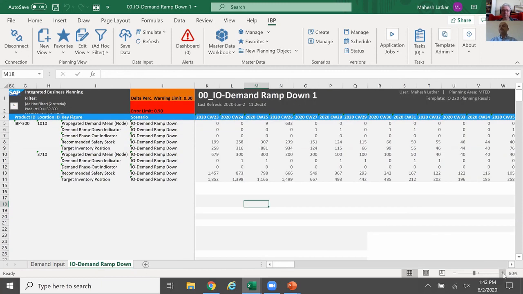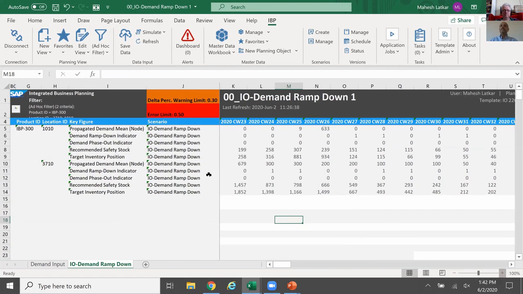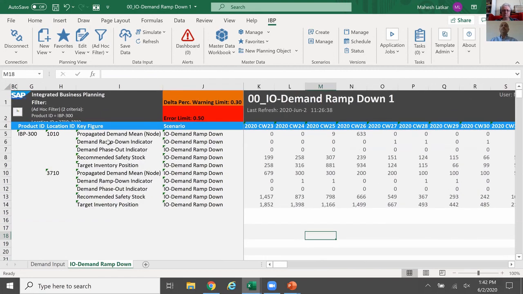Here I also created another scenario. And here I got two more key figures in this view, which are demand ramp down indicator and demand phase out indicator. Others are your safety stock and TIP, target inventory positions. Once you run the optimizer, it will look at your propagated demand, and if it changes suddenly at some point, then it will indicate it as a ramp down indicator.